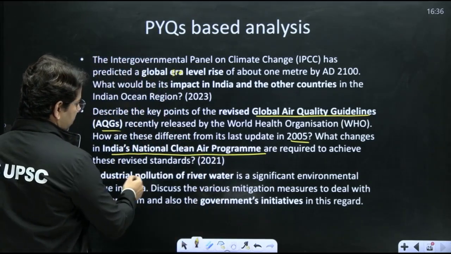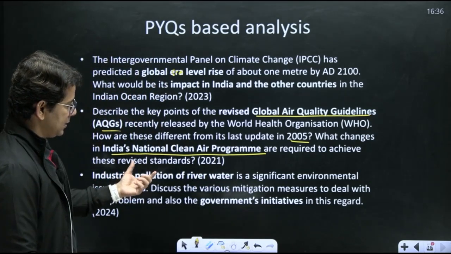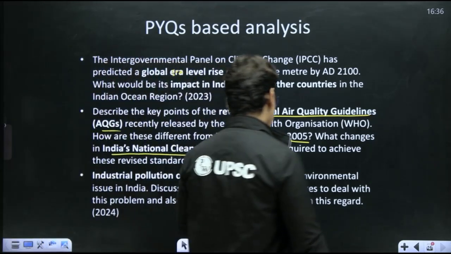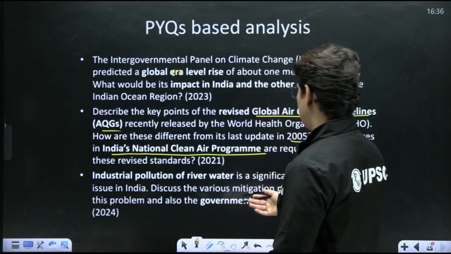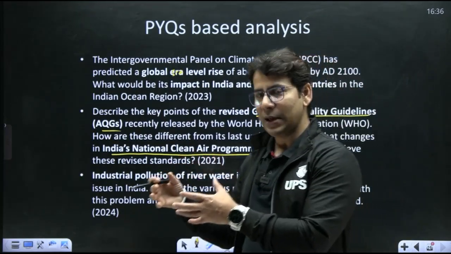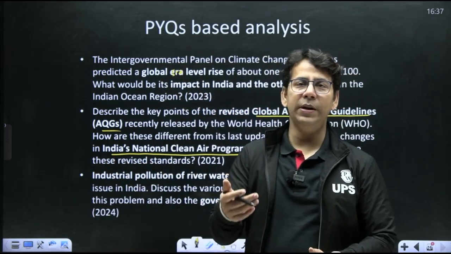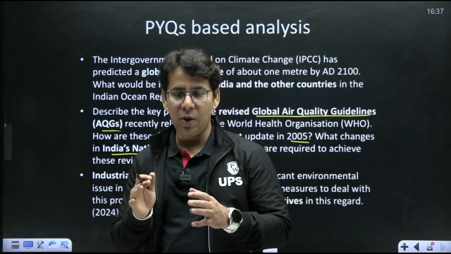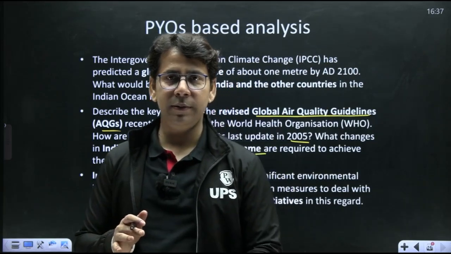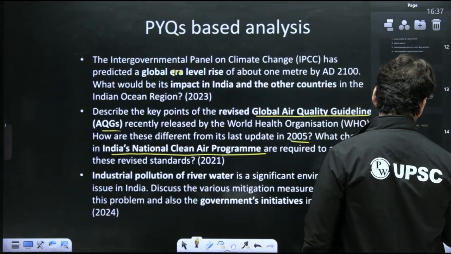Next one is: industrial pollution of river water is a significant environmental issue in India. Discuss the various mitigation measures to deal with this problem and also the government's initiative in that regard. Like I told you, you need to recognize one issue, then mitigation, then way forward, and what government is doing. That is how we'll have to look into that. You get my point?